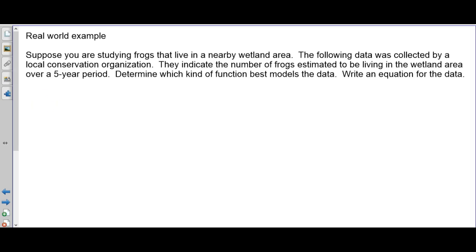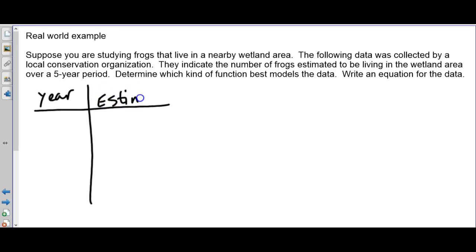Determine which kind of function best models the data, and also write an equation for the data. So where this says estimated population, our answers may not be quite as clear-cut as on some of our other examples.